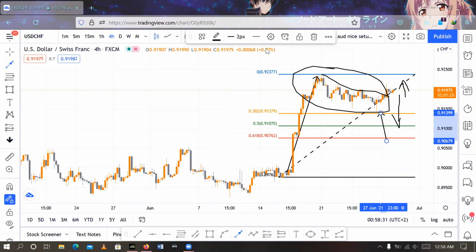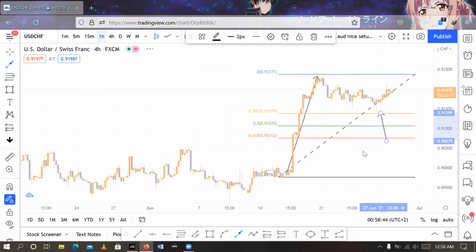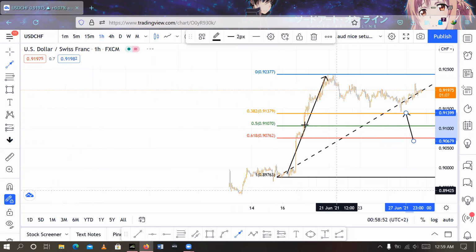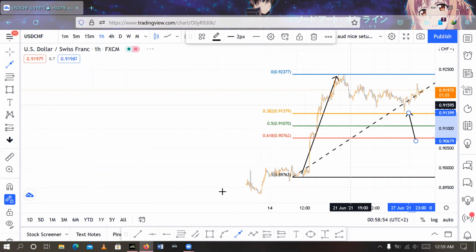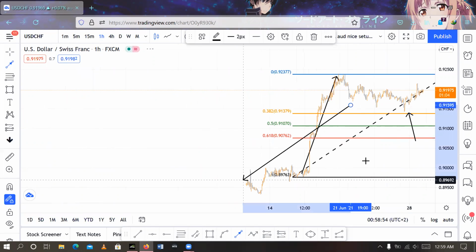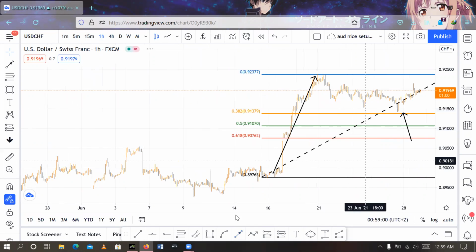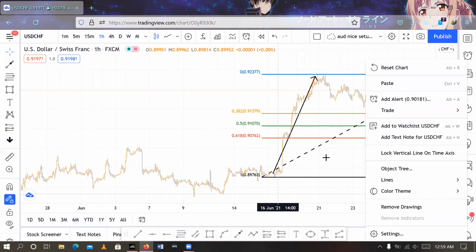Now moving to the 1-hour time frame, it's where we were able to see the tradable opportunity to the upside, where we had identified a break of structure on the 1-hour time frame, pushing to the upside, and a retest on the trend line, right? So let me load this up here. Sorry about that.